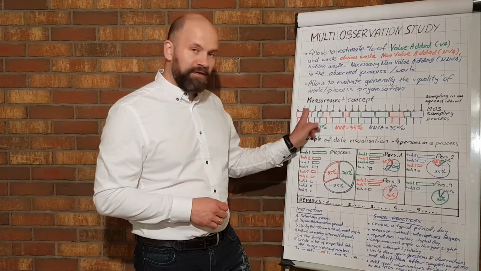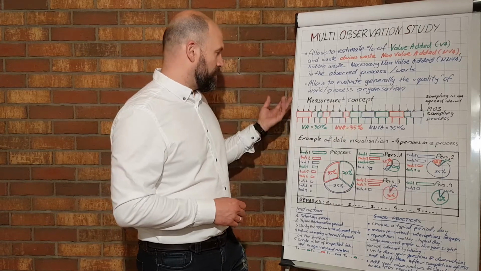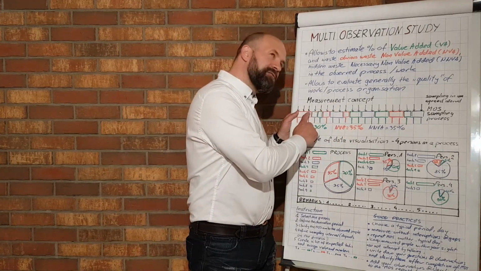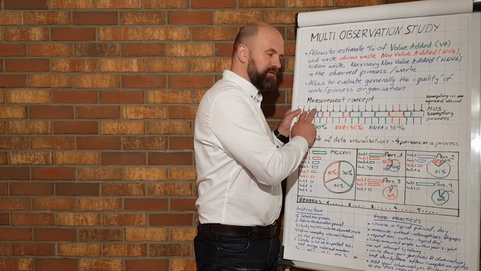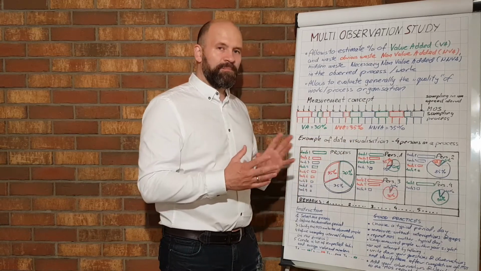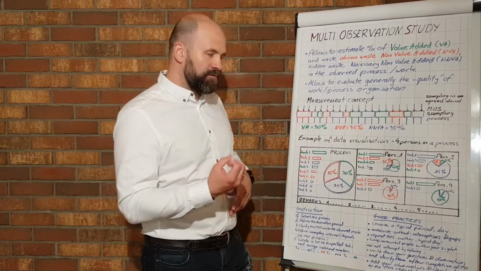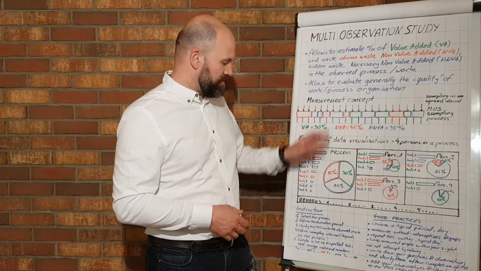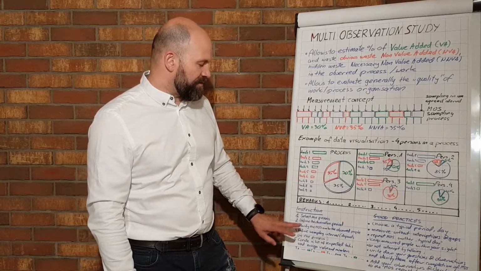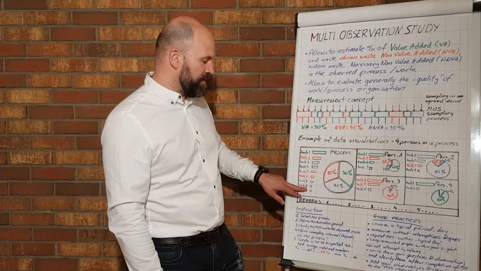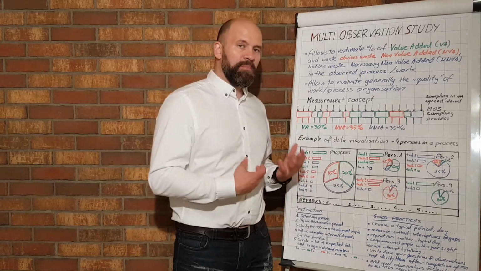Define the sampling interval. So is it half an hour, is it half a minute, or is it 1 minute or 3 minutes? It depends on the process type. So it's your decision upon the process. Create a list of the tasks you may meet in the process.